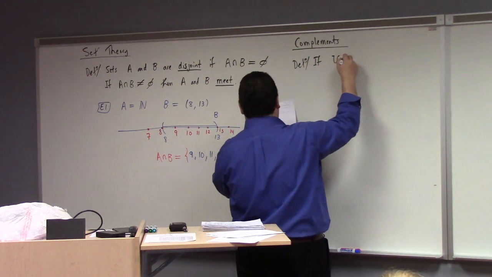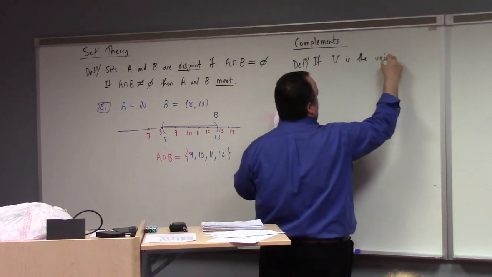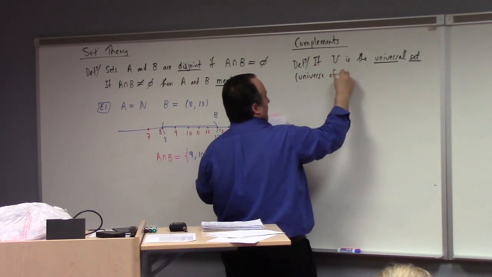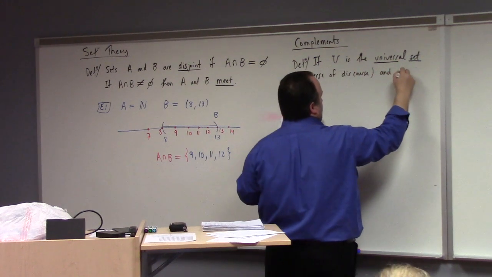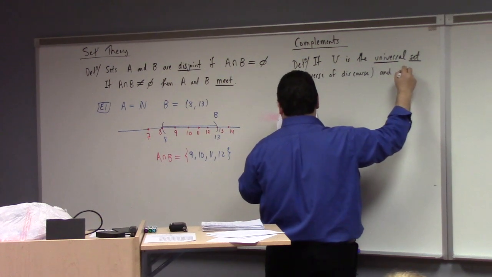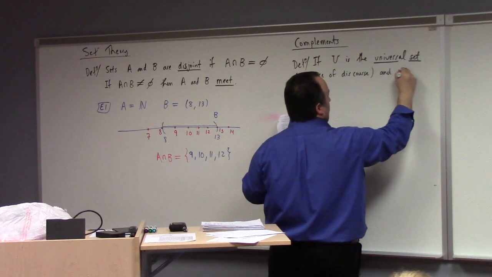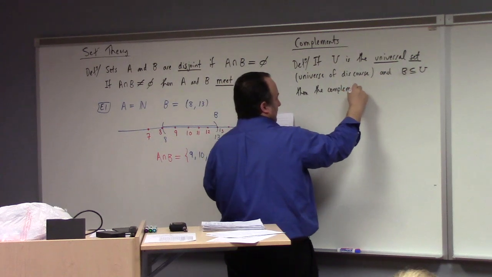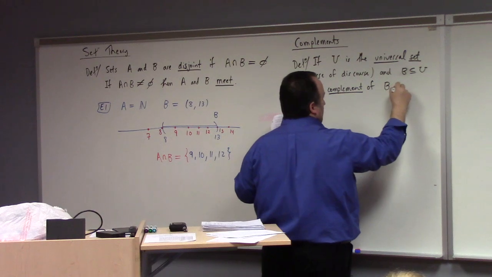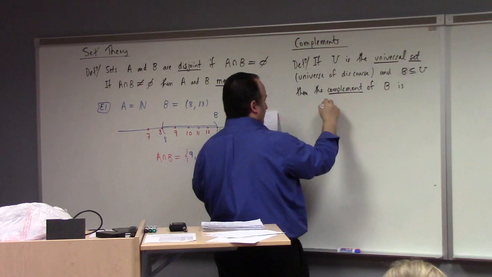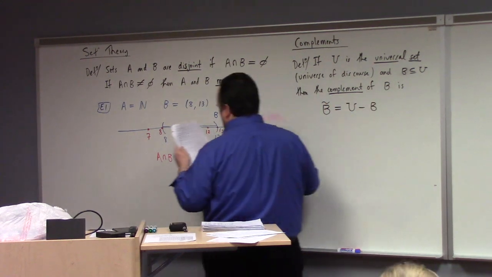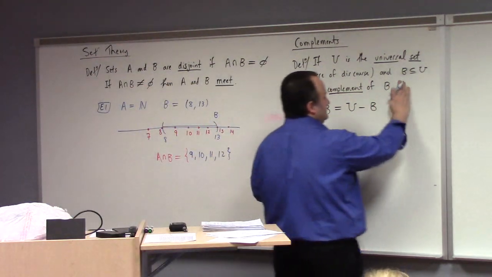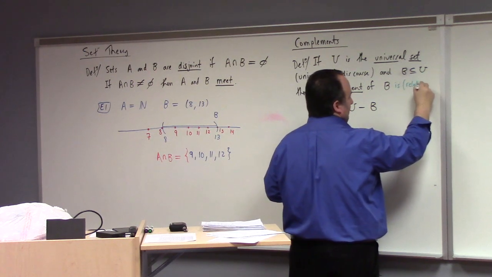If U is the universal set, or sometimes you might call it the universe of discourse, and B is a subset of U, then the complement of B is B tilde, which is defined to be U minus B. In the notes I say the complement of B relative to U. You could add those words, but sometimes you just want to talk about complement.